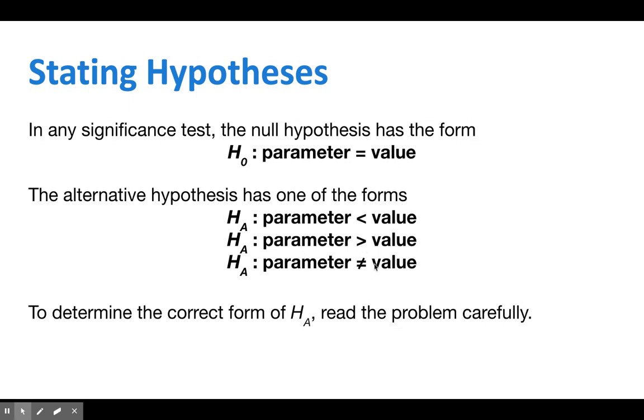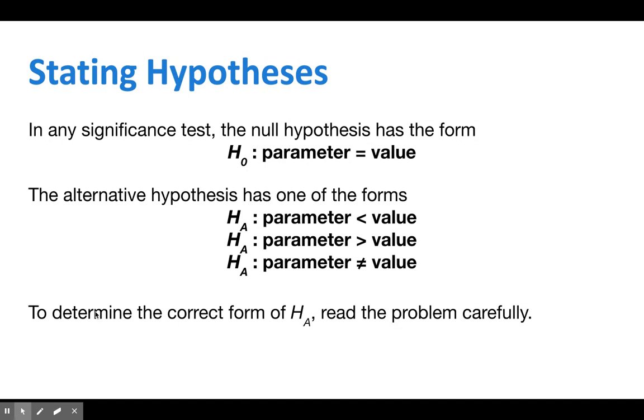And sometimes we might not know if it's less than or greater than, but we think it's different. And so if we think it's different but we're not sure which direction, you could use a not equal to symbol. So again, the null hypothesis, it's always the parameter equals a number. For the alternative hypothesis, it could be smaller, larger, or simply different, or not equal to.